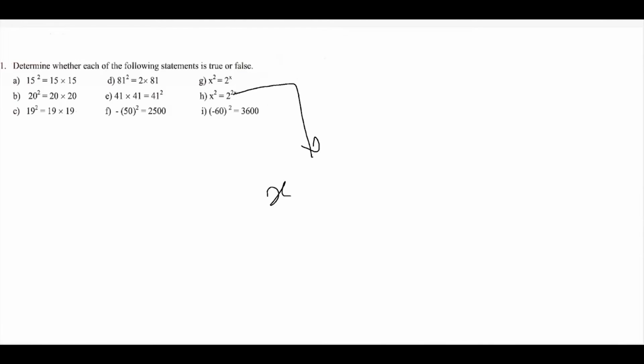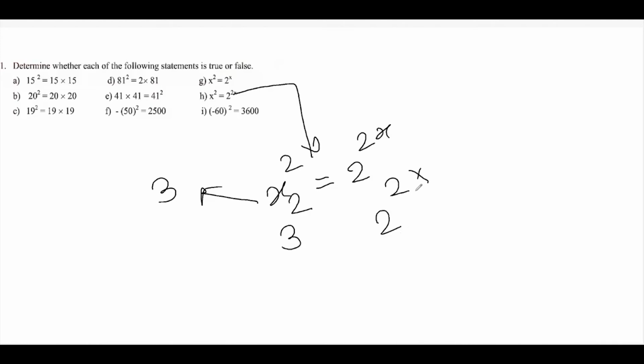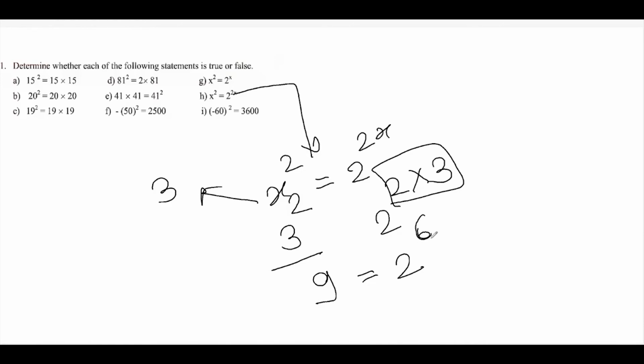Let's try to check this example. x square equal to 2 raised to 2x. Take the value of x equal to 3. This will become 3 square, and this will become 2 into 3. Now 3 square becomes 9 and 2 into 3 is 6. Now 2 raised to the power of 2 means 2 into 2, which is 4. 2 into 2 into 2 is 8.